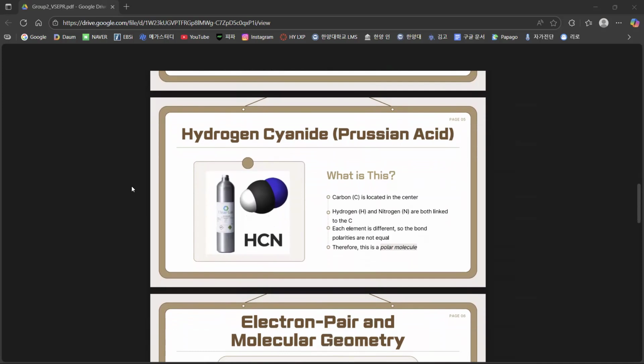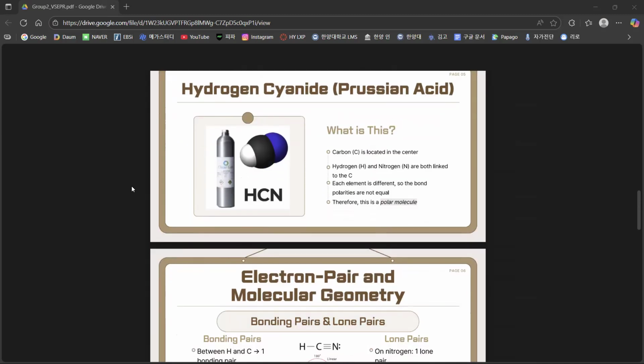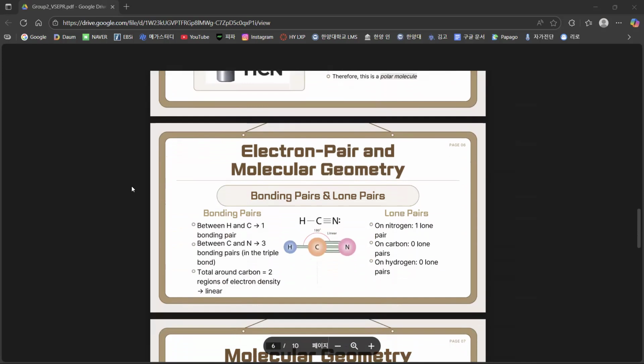And hydrogen and nitrogen are both linked to the carbon, and each element is different, so the bond polarities are not equal. Therefore, this is a polar molecule.